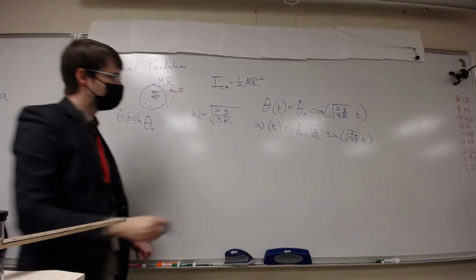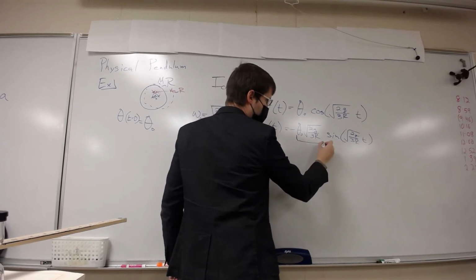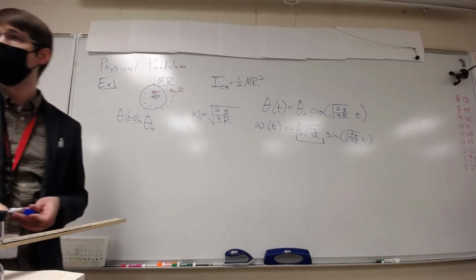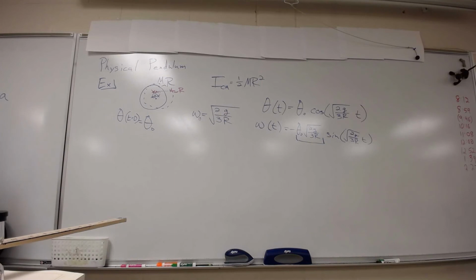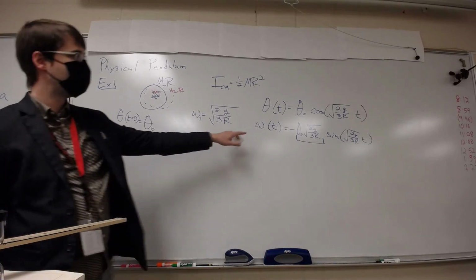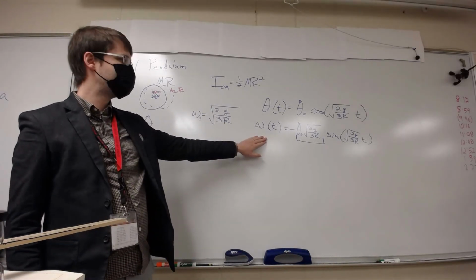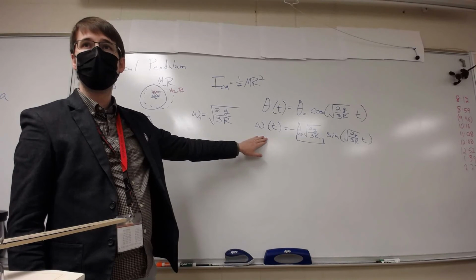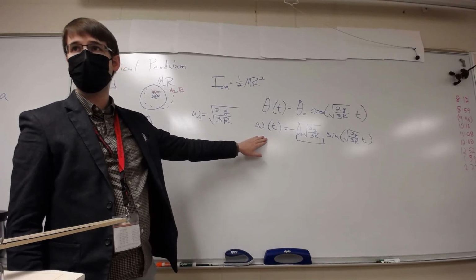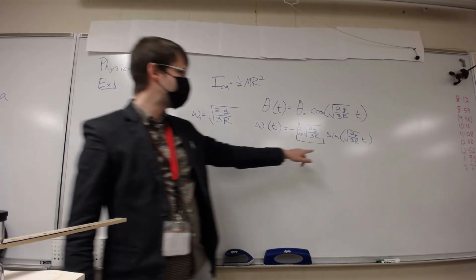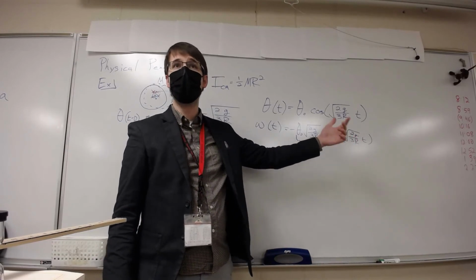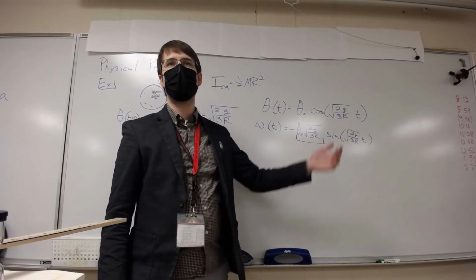And a thing to notice is this value here, what does that value give us? The period? Not period? Almost. Amplitude of what? Wait, doesn't that give us velocity? Omega squared? It gives us the maximum angular velocity. Because keep in mind, the biggest value sine can be is 1. So this number here would be the maximum angular velocity.